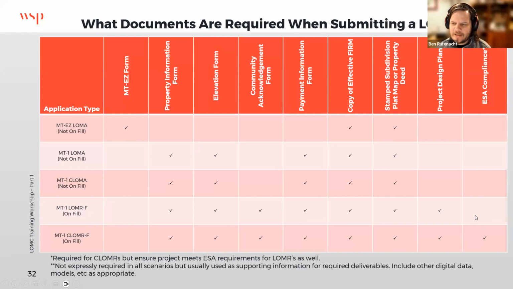Really, anytime that you're making modifications, there should be ESA compliance, and that's what this asterisk down here says. And then there's this double asterisk on the project design plans that wasn't on the checklist, but if you have design plans, give them, because this helps the review process go much more smoothly.